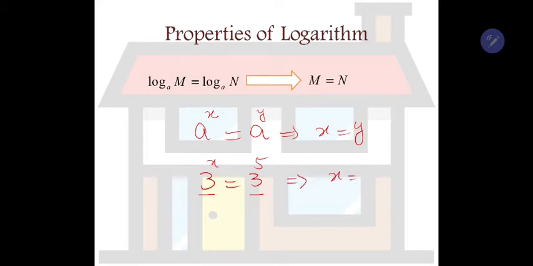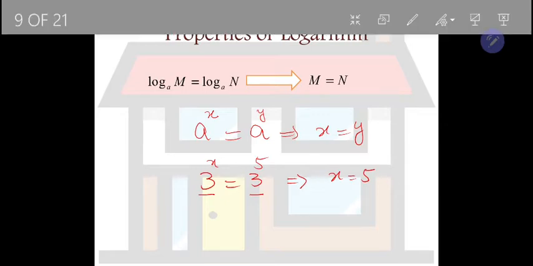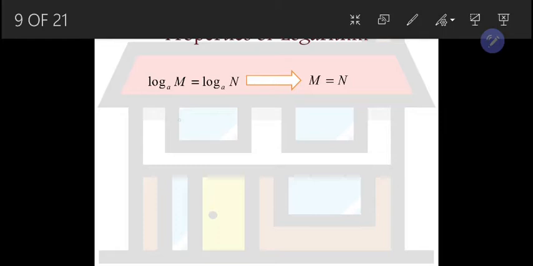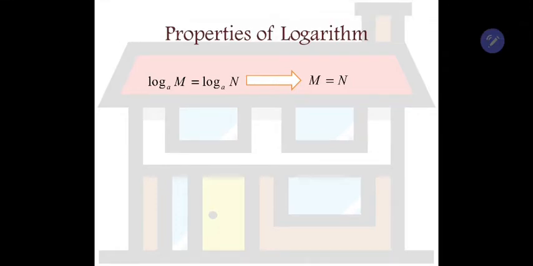So the answer for this is x equals 5. We are going to use the same idea for logarithms now. It says that when two logs have the same base, then the numbers after the logs should be the same. So m is equal to n.